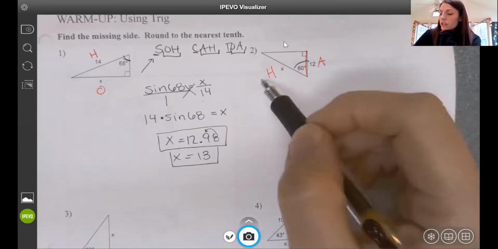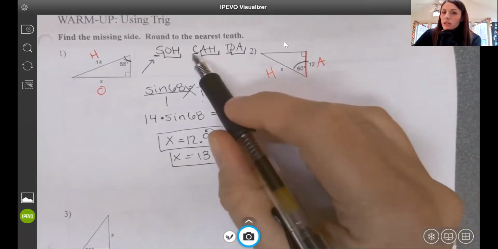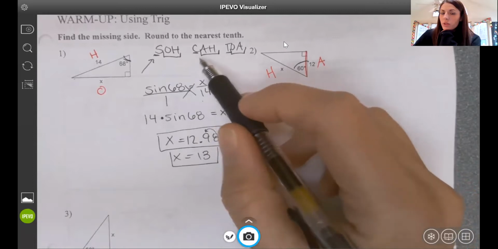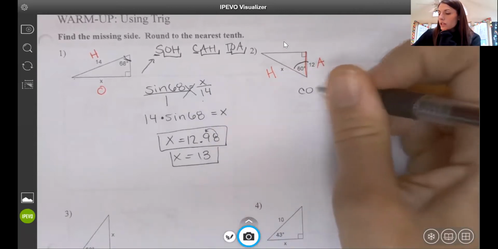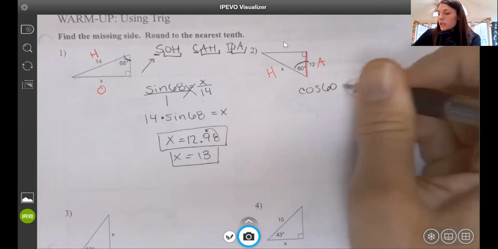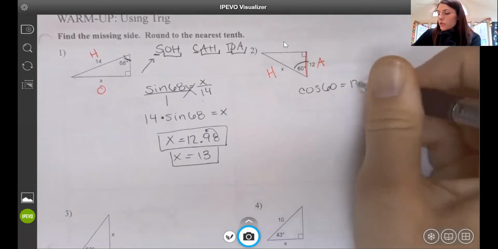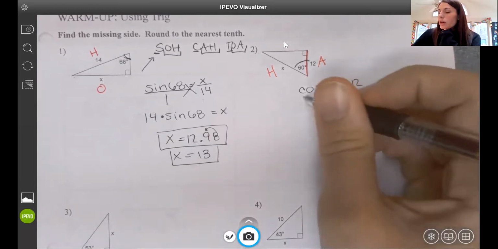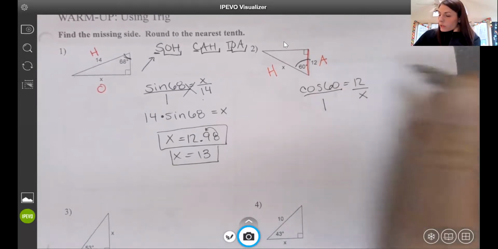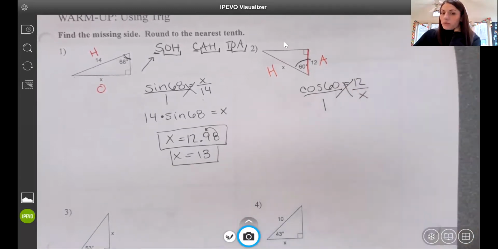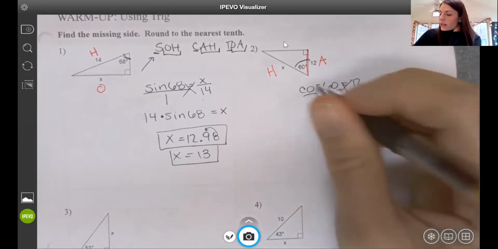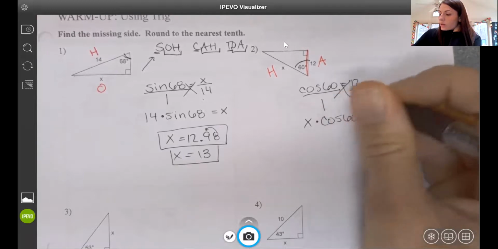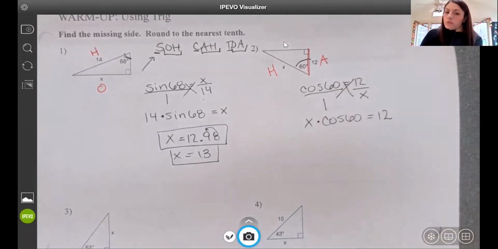So I have adjacent and hypotenuse. That's cosine that I want to use. This is what this helps me with, knowing which function to use. So the cosine of this angle 60 equals adjacent over hypotenuse, 12 over x. There's my setup. Then I take my trig function and put it over 1 and cross multiply. Now for this one, I get x times the cosine of 60 equals 1 times 12, or equals 12.